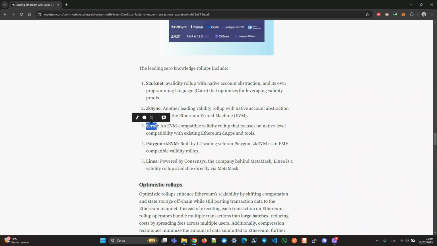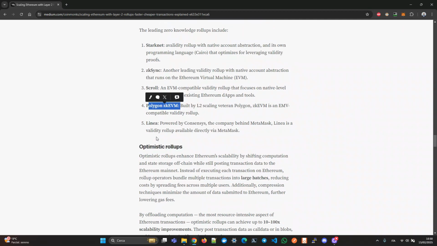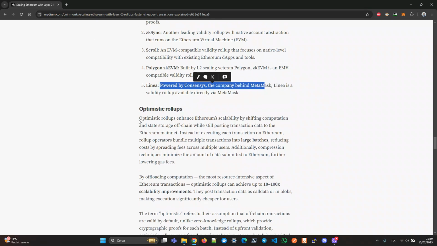Then we have Scroll. We have also Polygon Zero Knowledge EVM, provided by Polygon, and we have also Linea, which is powered by Consensys, the company behind MetaMask. So these are the most famous.